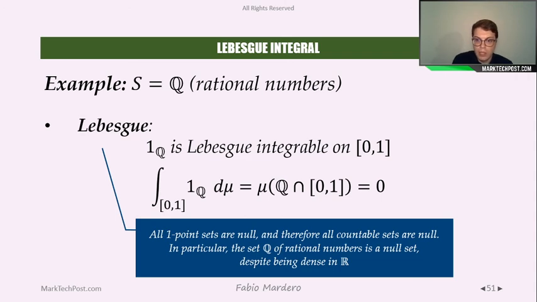So one of the countable sets here is the set of all rational numbers. So the rational numbers are a null set. And so this means that the integral of this function is equal to 0.